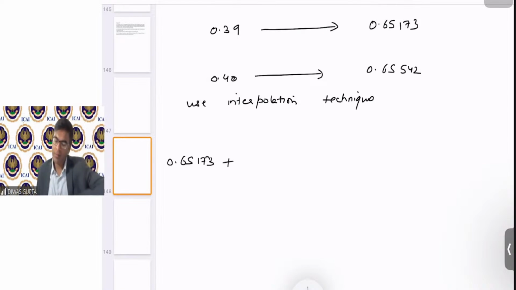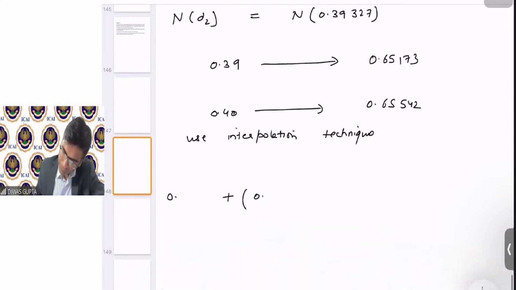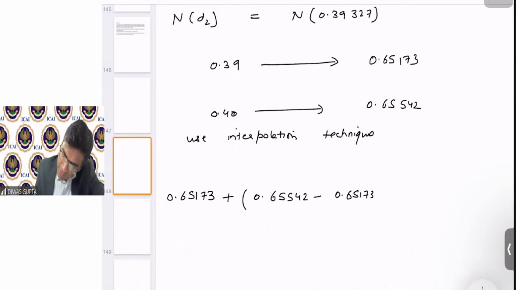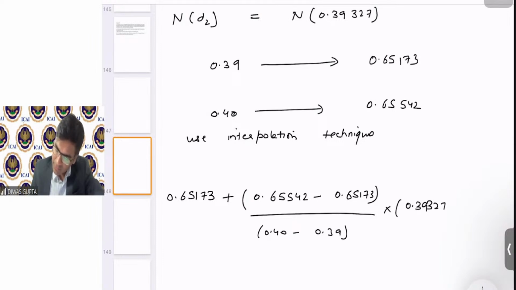This is the smaller value plus the difference between these two: 0.65542 minus 0.65173, divided by 0.40 minus 0.39, multiplied by where we have to reach, 0.39327 minus 0.39, which is again the basic numbers.